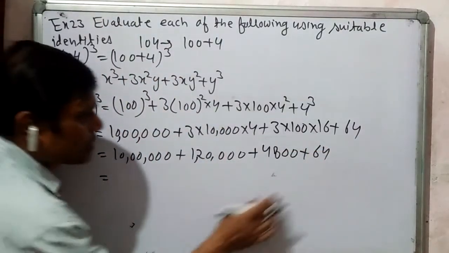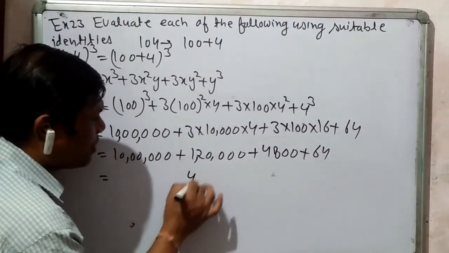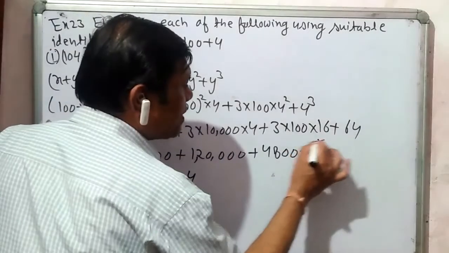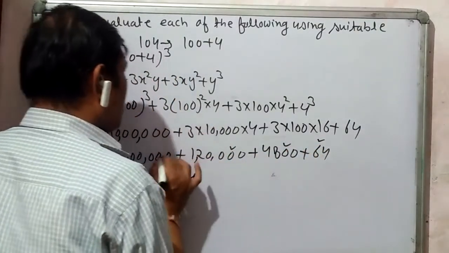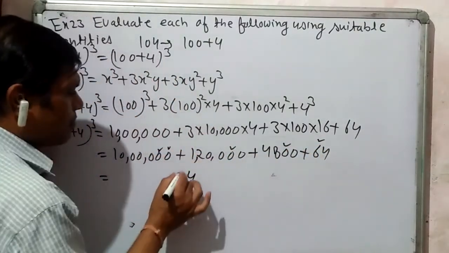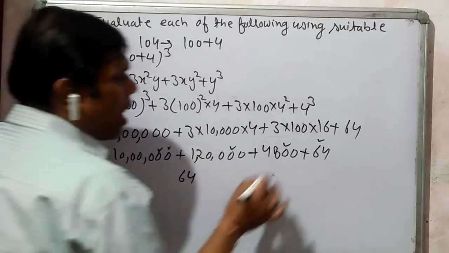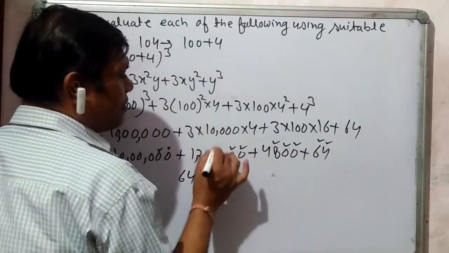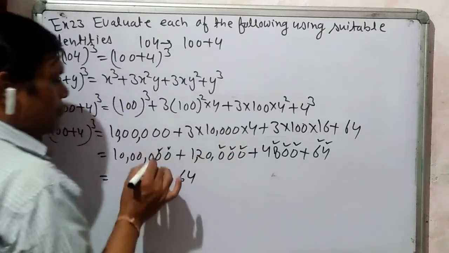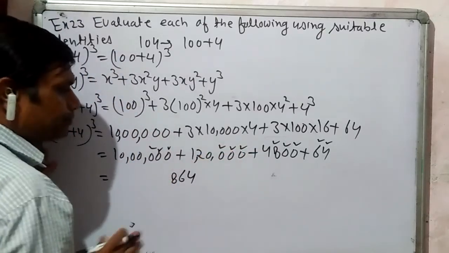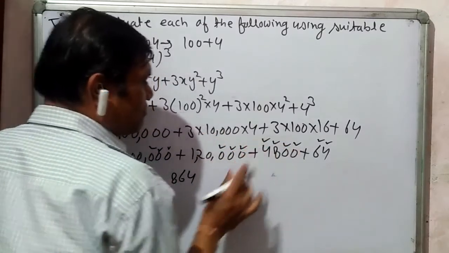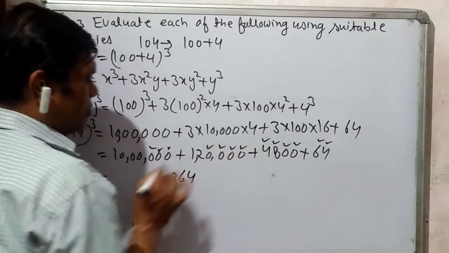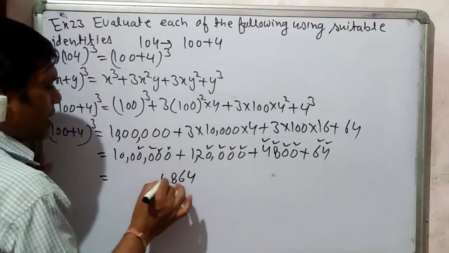Add them place by place. Ones place we are having 4 only. Tens place we are having only and only 6. At hundreds place we have 8 only. At thousands place we have 4, 0 and 0, that is only 4.